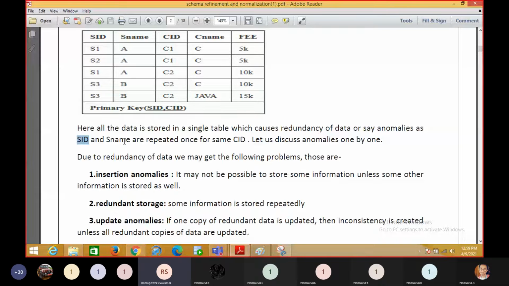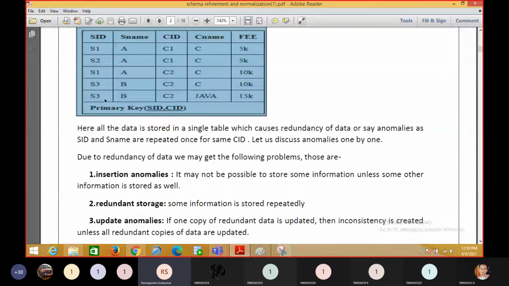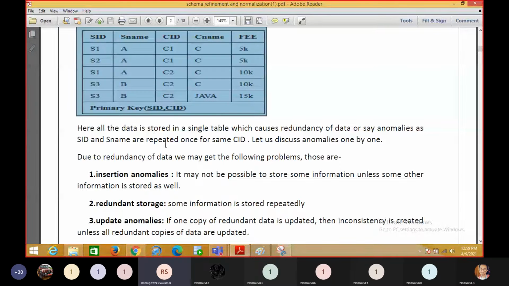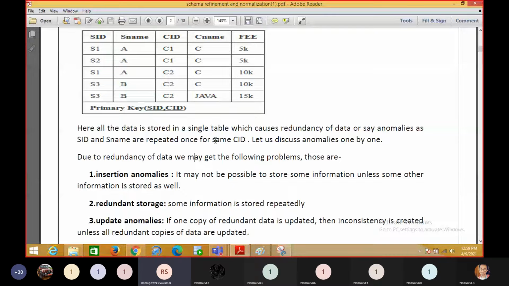SID and SNAME are repeated for the same course ID. For single course C1, S1 appears two times, duplicated. So this is the redundancy problem.